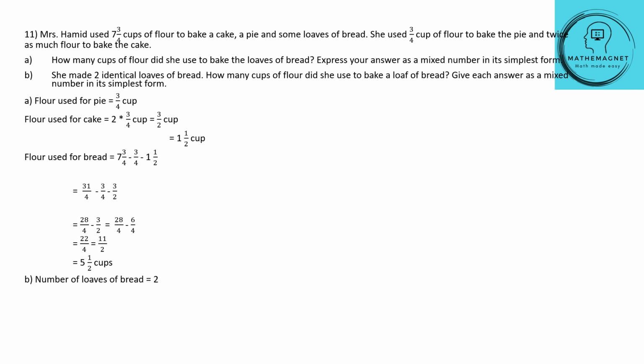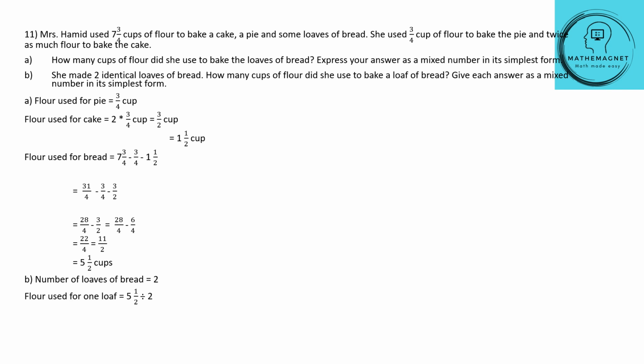Now coming to question B, they are saying that she has made 2 identical loaves of bread. So she has made 2 similar loaves of bread. Now we know the amount of flour used for making these 2 breads is 5.5 cups. They are asking us to find how much flour she used for 1 loaf of bread.